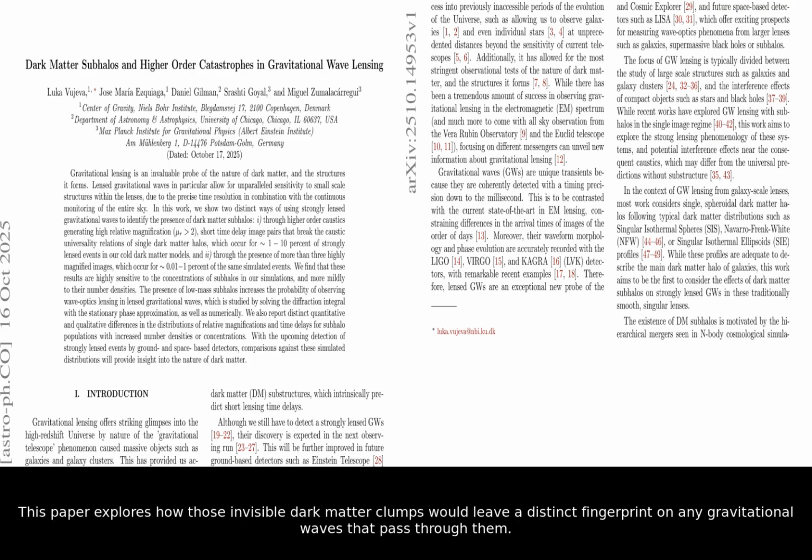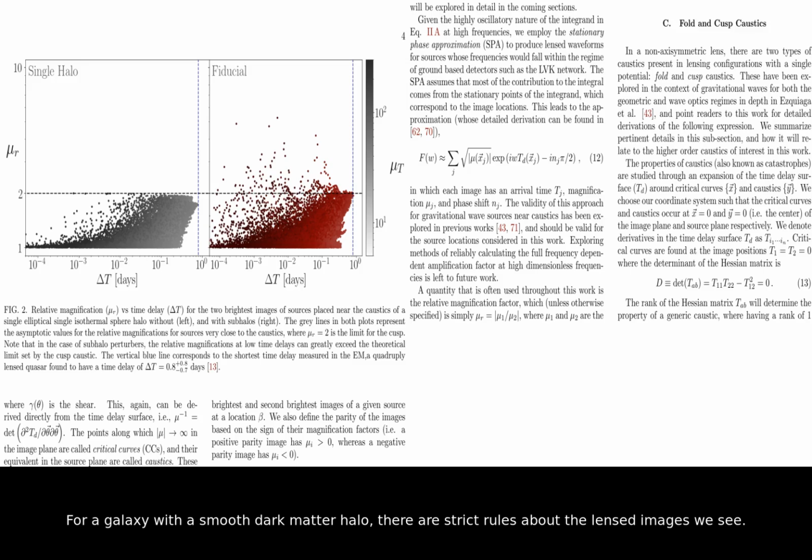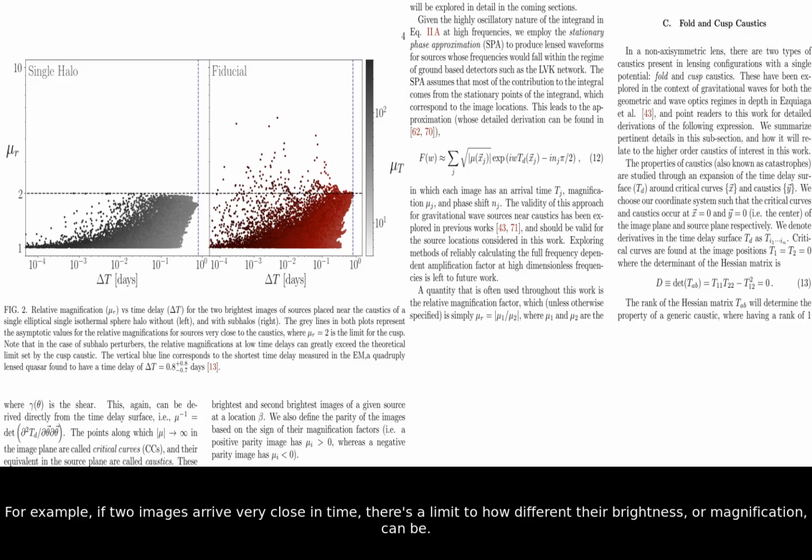This paper explores how those invisible dark matter clumps would leave a distinct fingerprint on any gravitational waves that pass through them. For a galaxy with a smooth dark matter halo, there are strict rules about the lensed images we see. For example, if two images arrive very close in time, there's a limit to how different their brightness or magnification can be.